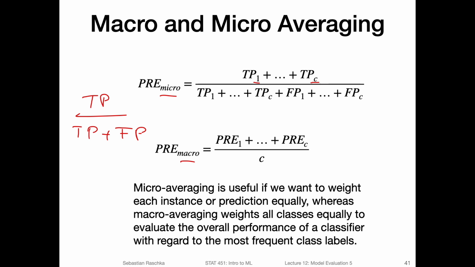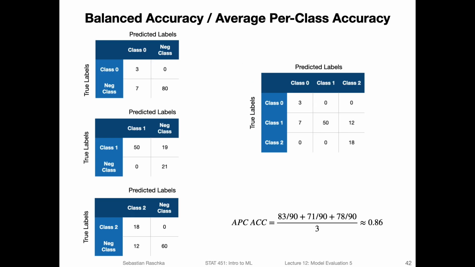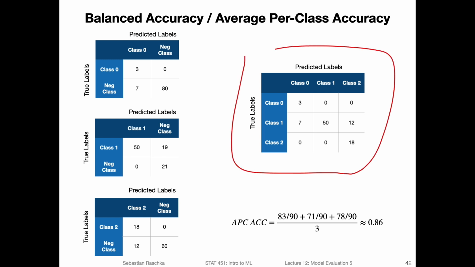This is maybe easiest explained by taking a look at the balanced accuracy slide again that I made a while back when I was talking about the average per class accuracy a few videos ago. What we did is we took this confusion matrix here and created these binary confusion matrices. In each case we had a positive class, which was either class 0, 1, or 2. And then we had the remaining 2 classes in each case as the negative class.